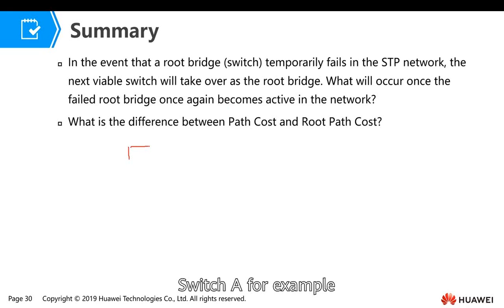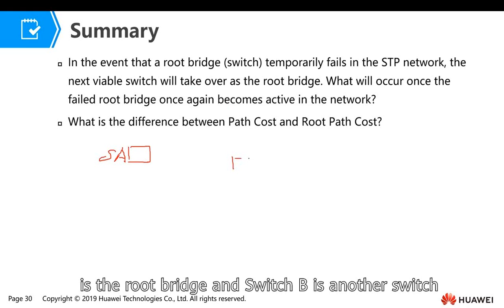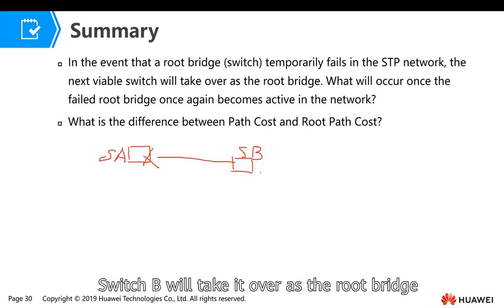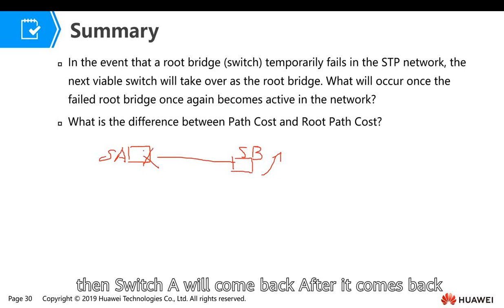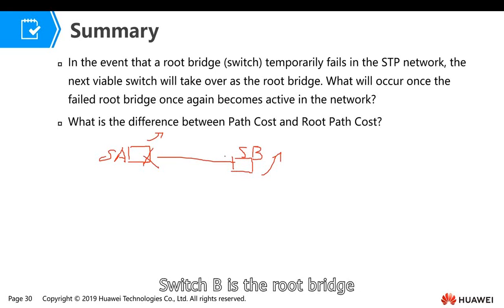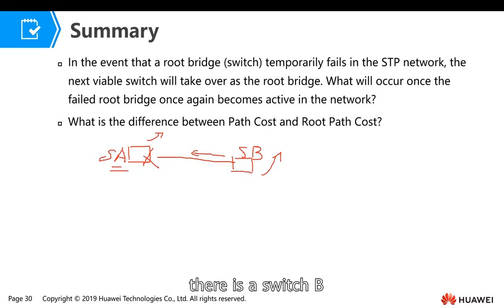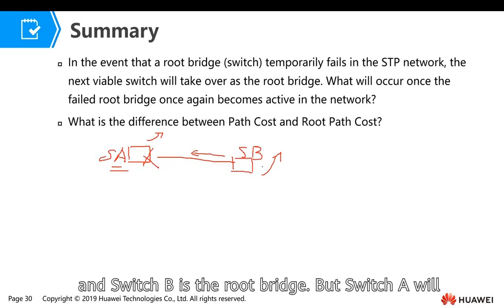For example, switch A is the root bridge and switch B is another switch. When switch A fails, switch B takes the root bridge role. Then switch A comes back. Since switch B is now the root bridge, switch B sends out BPDUs, so switch A will know there is a switch B and that it is the root bridge.